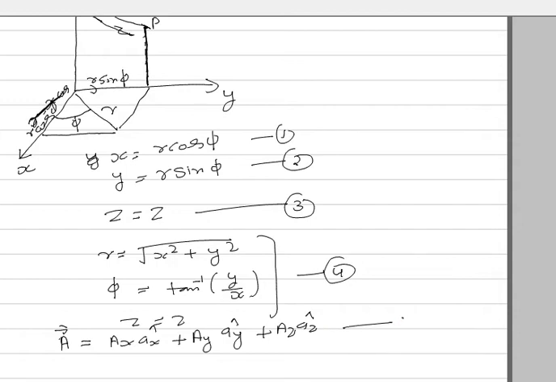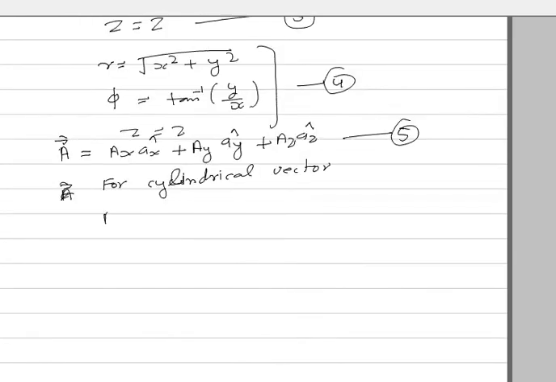This vector is A. But now we want to convert this vector into a cylindrical vector. So first of all, write the expression for the cylindrical coordinate system. For a cylindrical vector, we can write A equal to ar unit vector ar plus a phi unit vector a phi plus az unit vector az. This is equation 2.